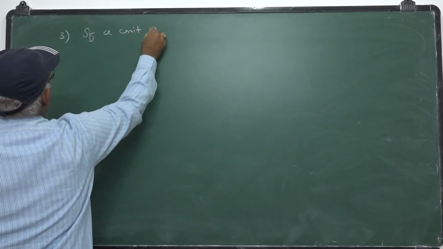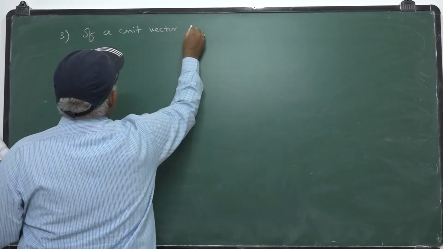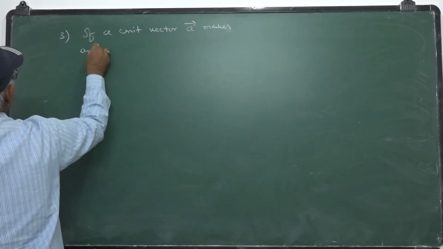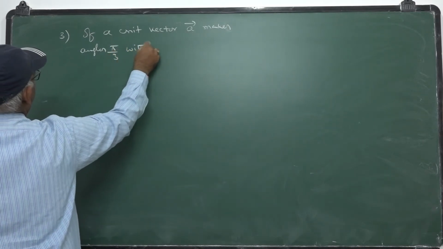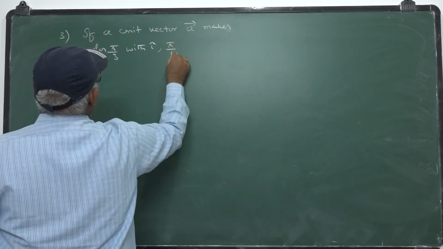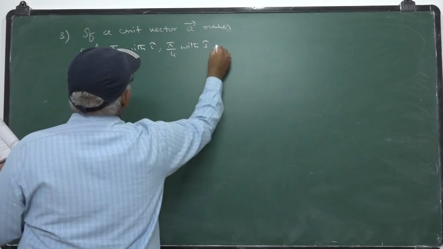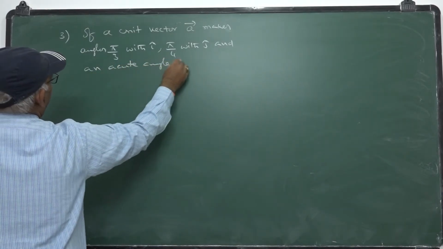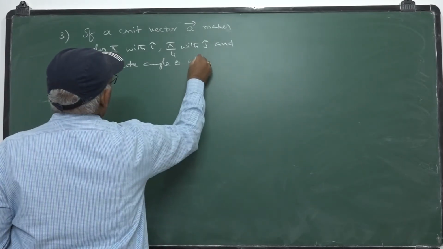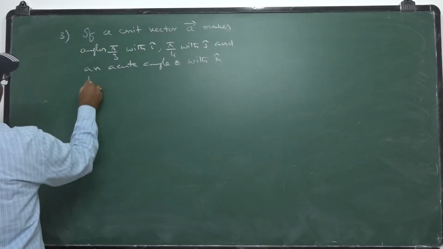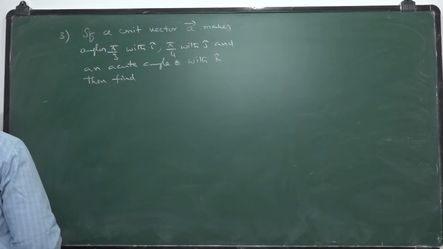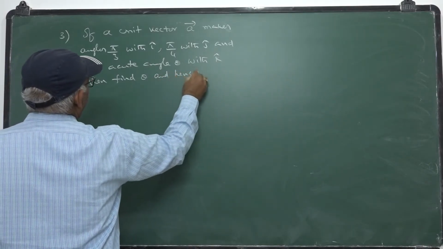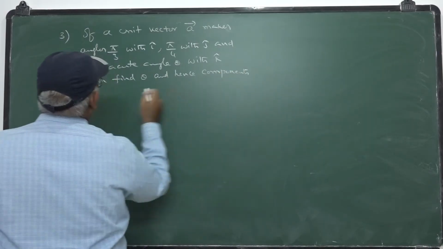If a unit vector a bar makes angles pi by 3 with i, pi by 4 with j, and an acute angle theta with k, then find theta and hence the components of a bar.